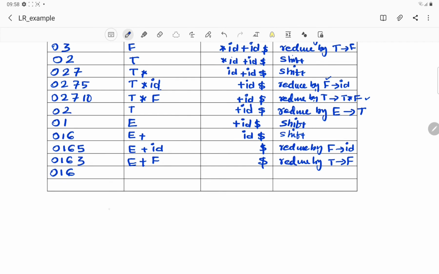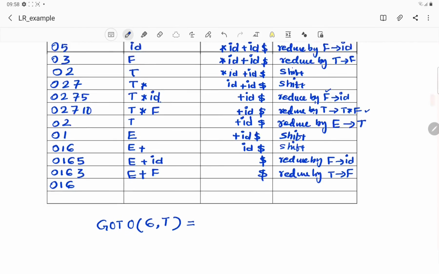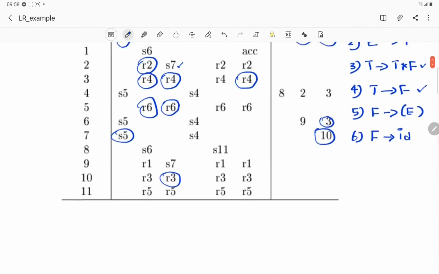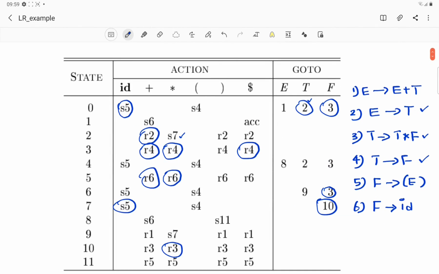Then compute the go to of 6 comma T, where T is the head of our production. Go to of 6 comma T will be 9.